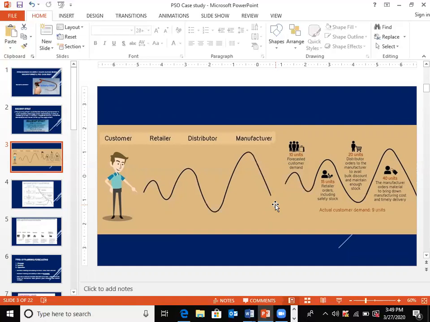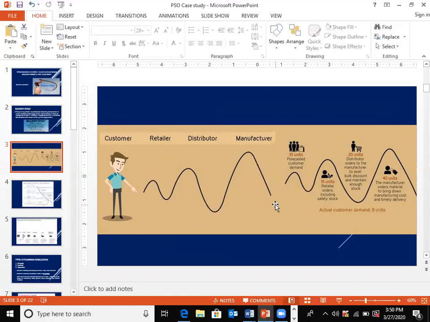Now, once this order goes to the distributor, the distributor says, okay, the retailer wants 15 units of wheat, but I should probably place an order for 20 units. And maybe their reason is that they will get a big discount if they place a bulk order. And so they place an order for 20 units of wheat, or flour, whatever.